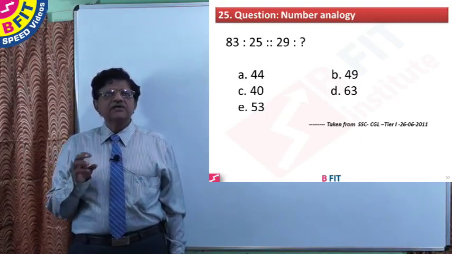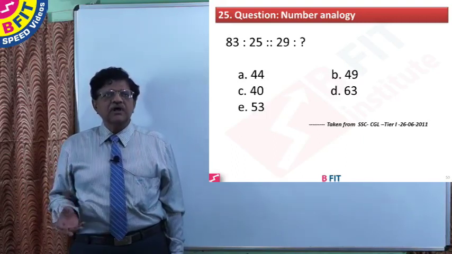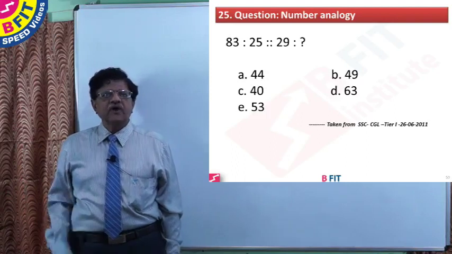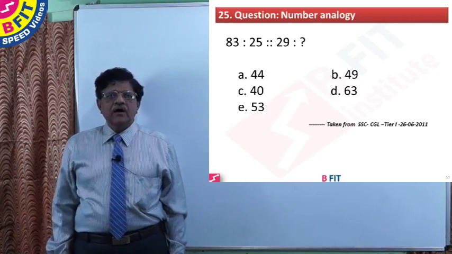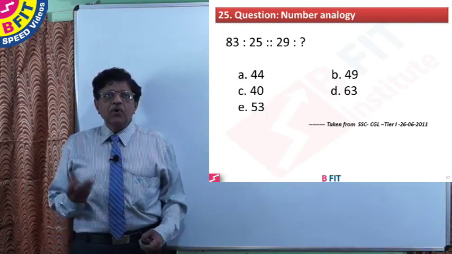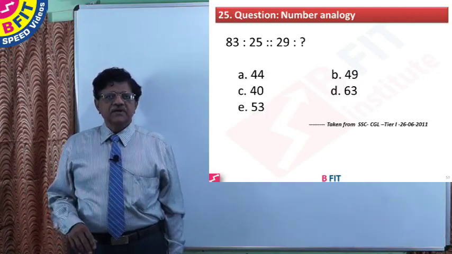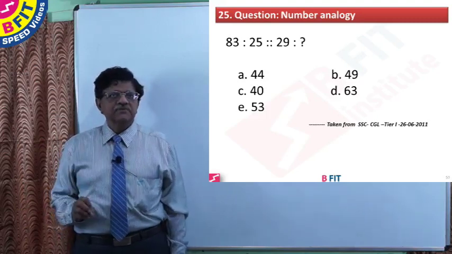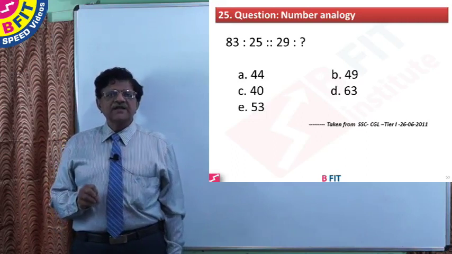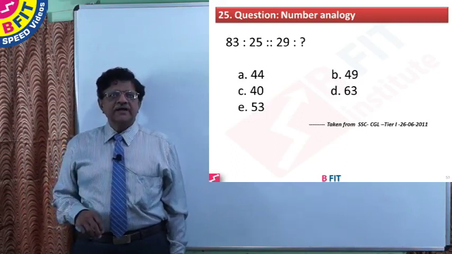Then 29 is to what? What are the options? Look at the options. Options are 44, 49, 40, 63 and 53. All the options are more than 29. Therefore, the relationship is something unusual. So we will have to find out what is the relationship between 83 and 25.